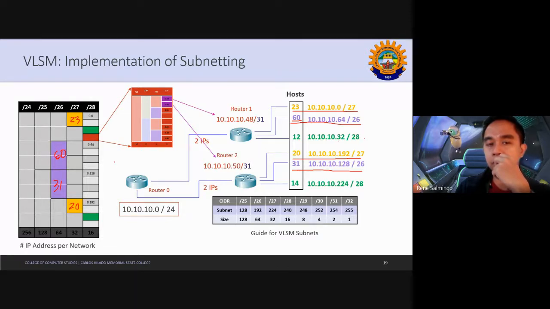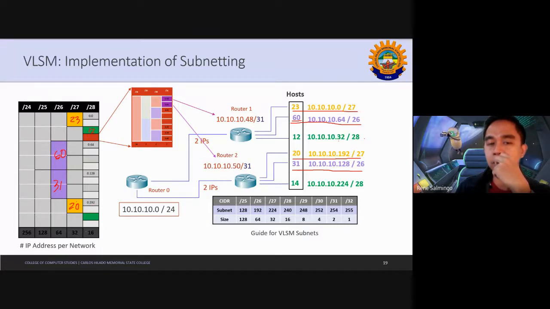Each block here is 32, and when you divide this 32 into 2, you will have how many? 16.